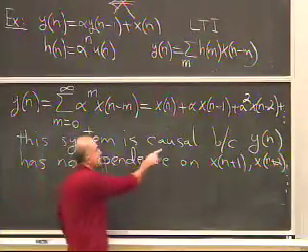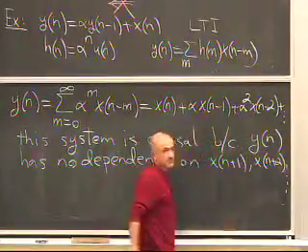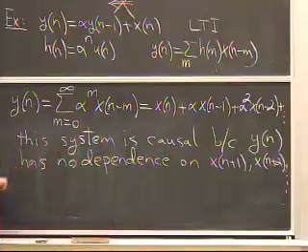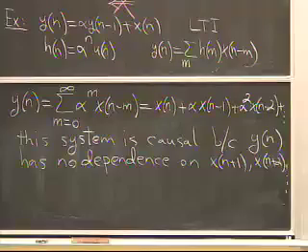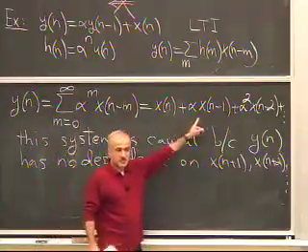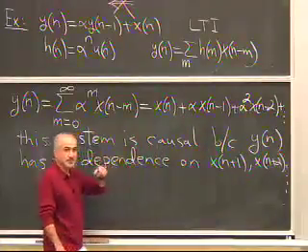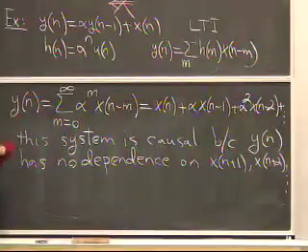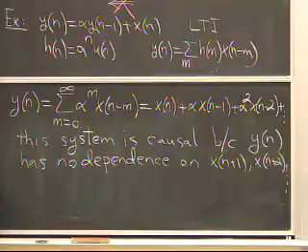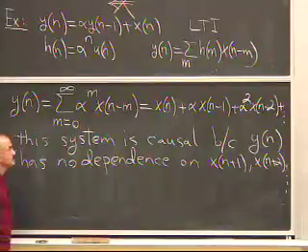Yeah, because it's got to store all these values if you want to implement it this way. By the way, this brings out a point about the implementation of the system. How do you implement this system? You can't implement it using this equation because this goes all the way to infinity. So the only way you can implement it on a computer is using the recursive form, where you need only one delay element.